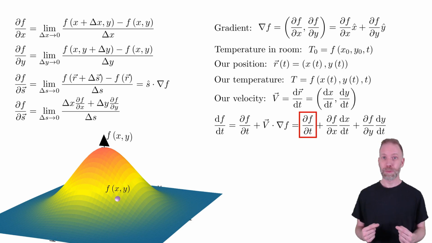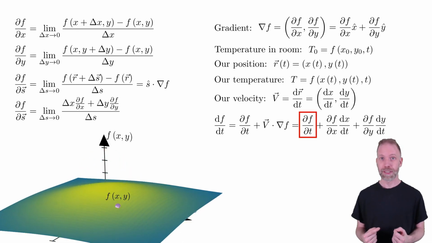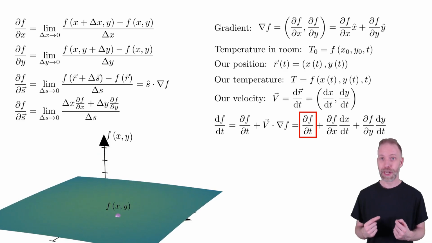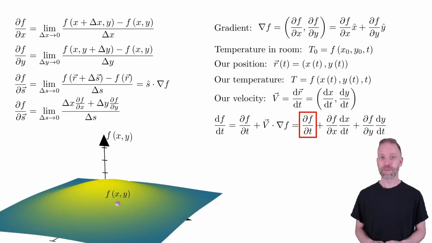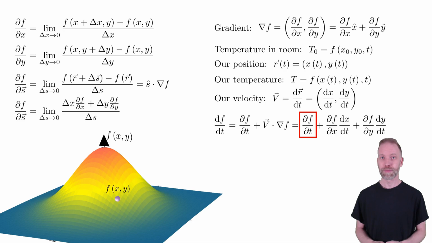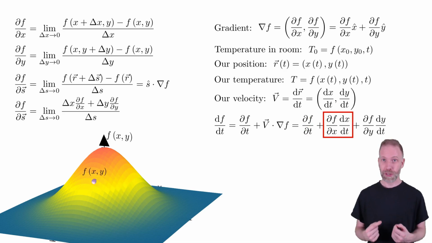Start by looking at our partial derivative with respect to time. This represents a change in the temperature in the room. Next is a partial derivative with respect to x multiplied by the velocity in the x direction. This term represents how the temperature we experience changes as we move in the x direction.